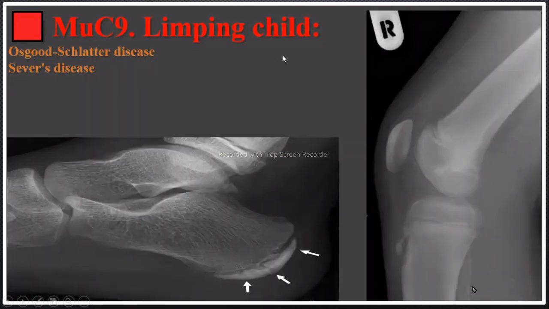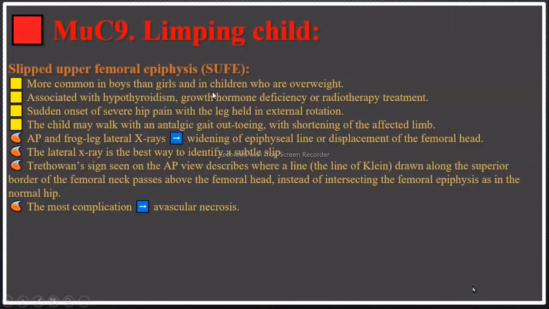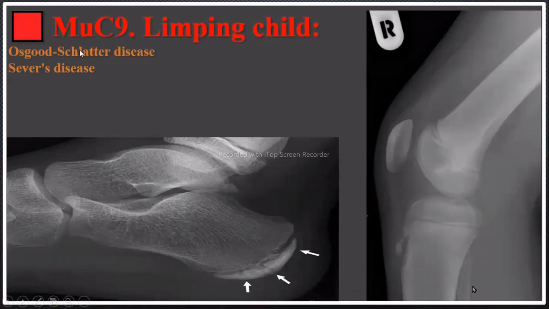Also limping child, but here SUFE, it will be in the hip. And regarding overuse disease, so Osgood-Schlatter here. If you find this X-ray, it's Osgood-Schlatter. So what is the finding here, guys?